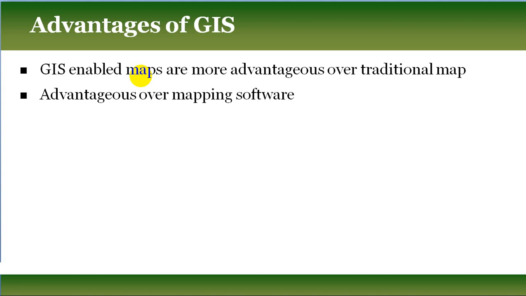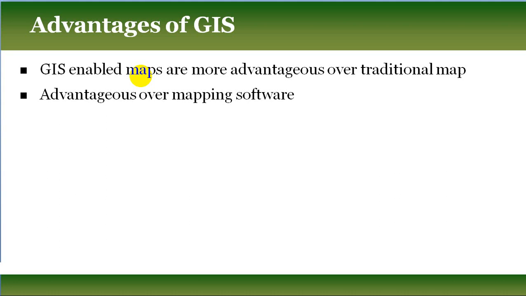And definitely GIS technology has much more advantage over traditional mapping software. I mean, you may call it cartographic software, because I told you that cartographic software's ultimate goal was to prepare intelligent, good-looking maps. Cartographic software does not provide any emphasis on spatial analysis, but the backbone of GIS is spatial analysis, not only map making.